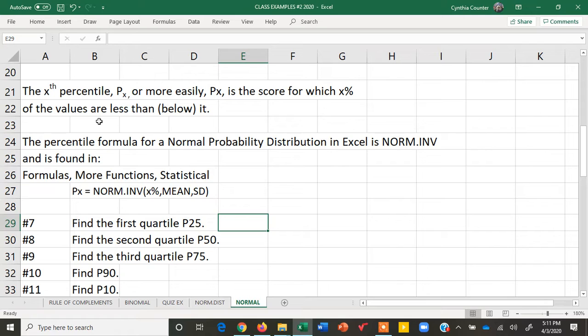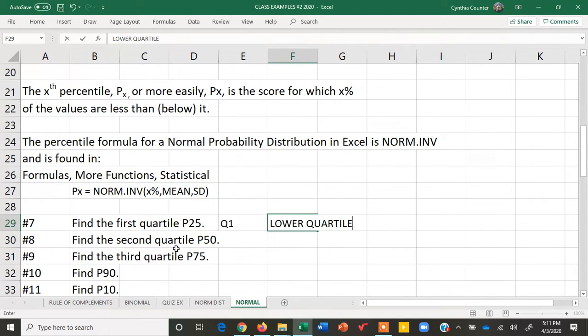Well, I've just been talking about percentiles. We see that P25 is the 25th percentile. It is also referred to as the first quartile because 25% is 1/4 of the data. So P25 is the first quartile Q1, also referred to as the lower quartile.